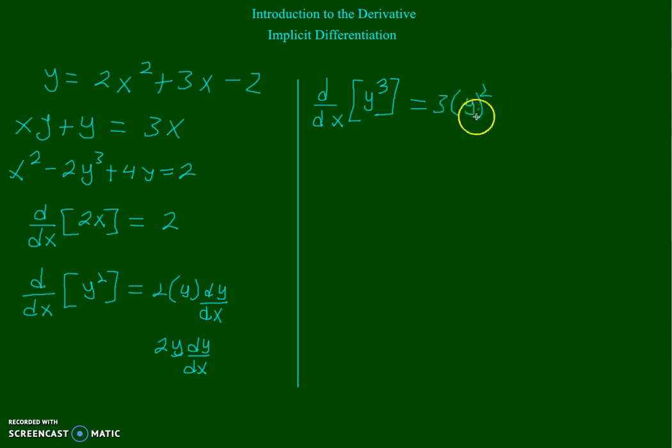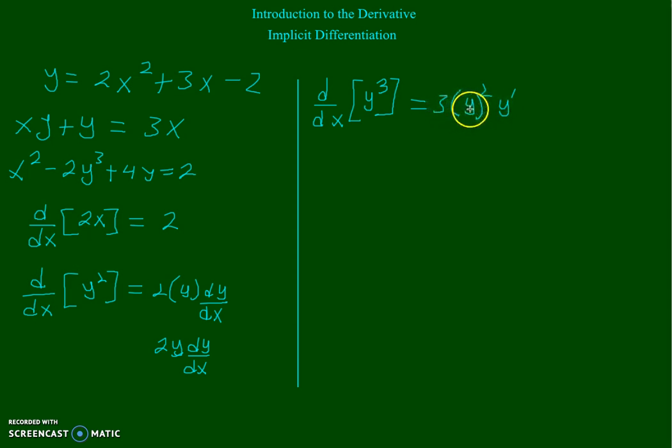Now we take the derivative of the inside piece, and we can either use the Leibniz notation, which is this, or we can use Lagrange notation, which is y prime. Either one works. It just depends on which one works best in a particular situation.